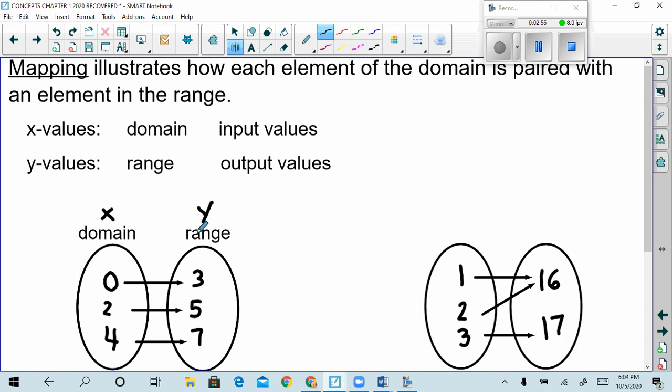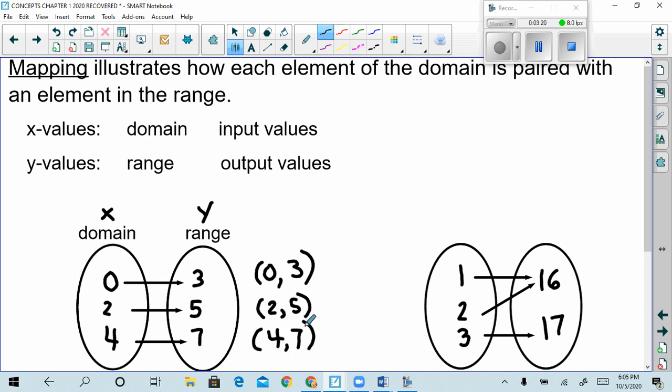Now, in a relation, we're noticing that numbers get paired together. And this is a visual that says that the value x, or my domain of 0, goes along with a y of 3. My domain or input of 2 goes to 5, watch the arrows, and 4 goes to 7.